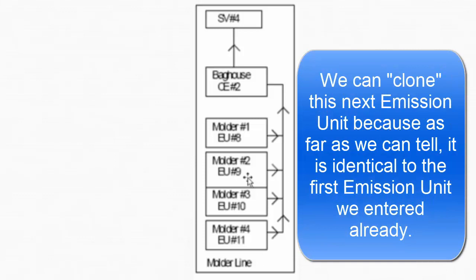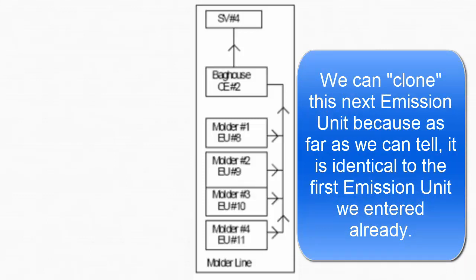It vents to the same baghouse and to the same release point. And really the only things different about this emission unit is its identifier, which is EU9, and its description of molder number 2. So what I want to do here is clone emission unit 8 in TEISS.